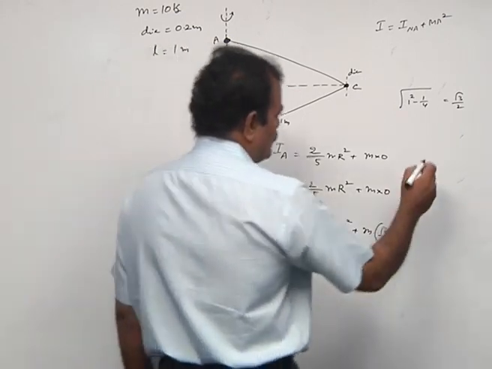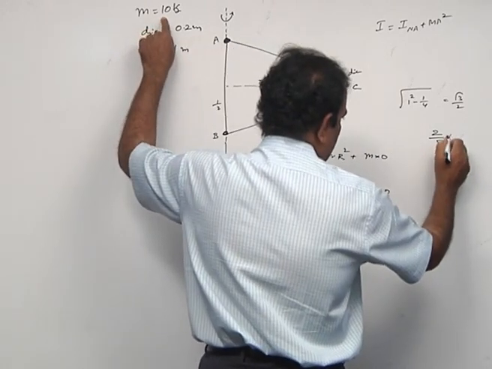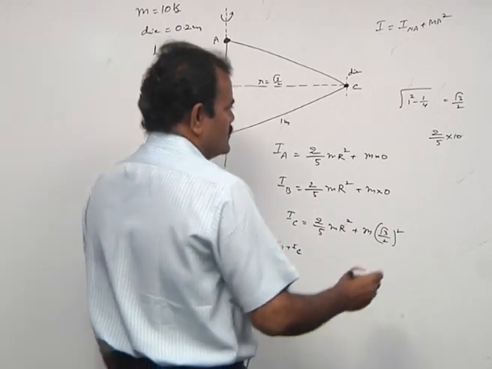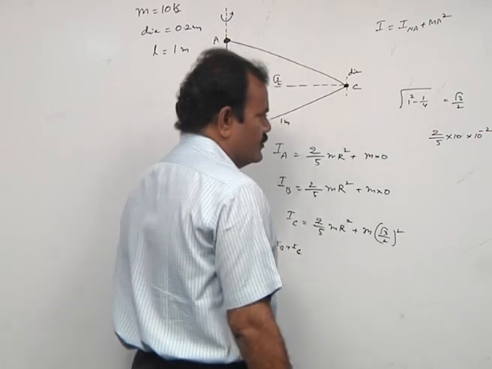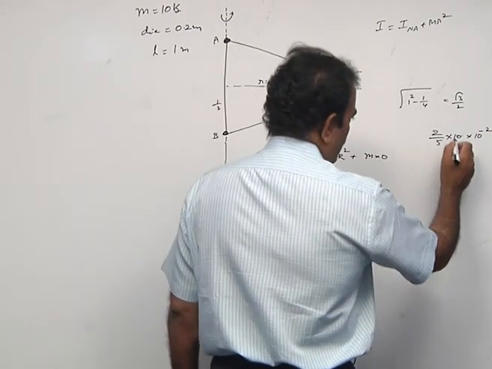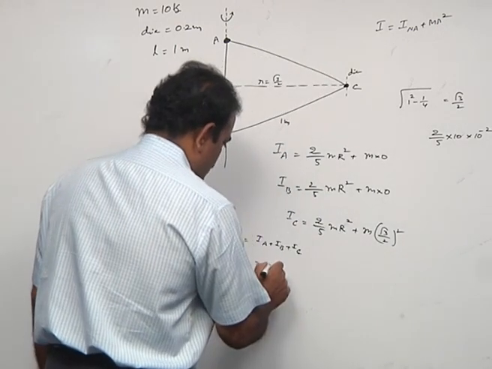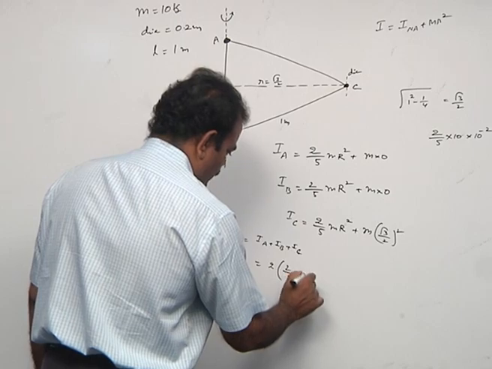Here m is given as 10 kg and r is 0.1, so 0.1 whole square is 10 to the power minus 2. So it is 2 by 5 into 10 to the power minus 1, 0.2 by 5.